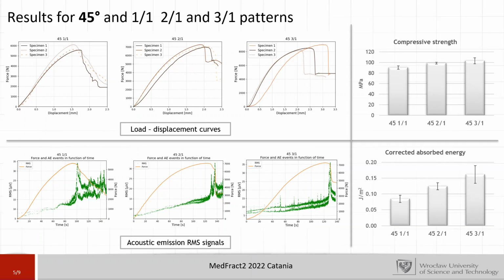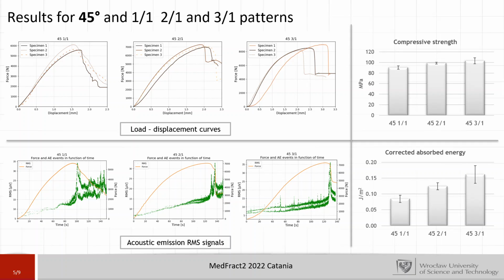To compare those mosaic patterns, we calculated the compressive strength and the corrected absorbed energy. Corrected means that we took into account the differences between the thicknesses and the geometric differences between the samples, which of course occur because of the filament winding technology.